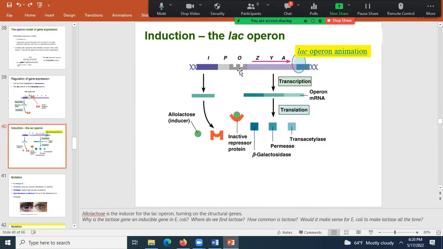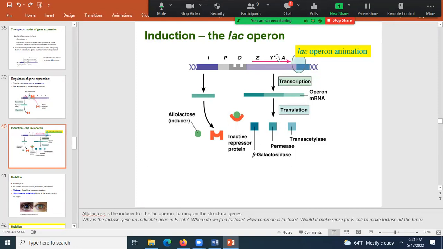Well, what happens to the protein that's already bound to the operator? Any guesses? Two possibilities. Allolactose doesn't actually bind to the protein when it's bound to the DNA, but that binding of the repressor protein is by a stoichiometric reaction. And every once in a while, that protein falls off of the DNA.